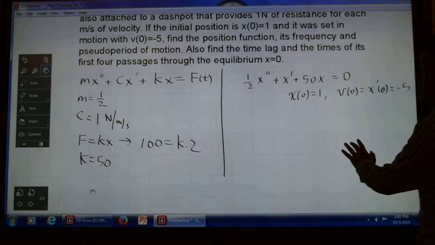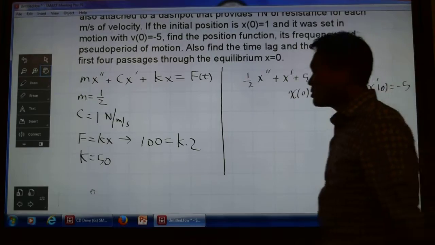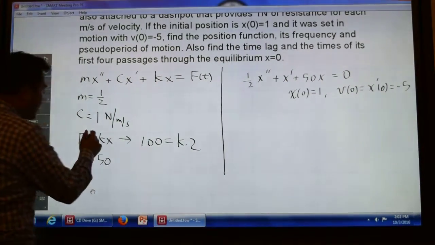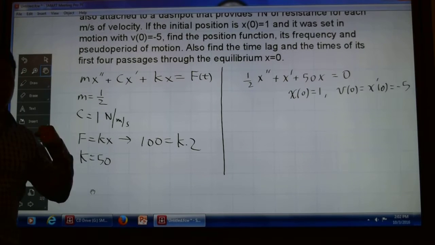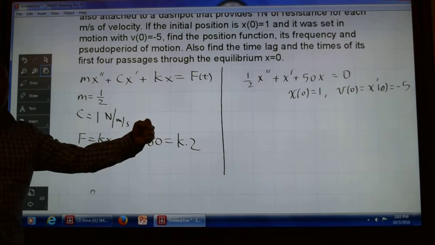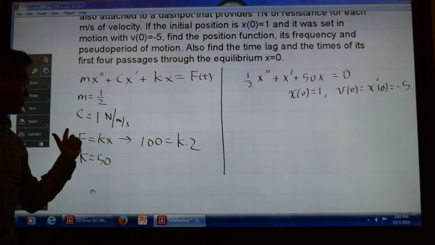Let's try to, yes? Are we doing the negative for k? Yeah, when we need to find the value of k, we can just neglect the signs. I mean, we can use the negative and then also say that when you're pulling it by 100 newtons, the spring force is actually countering that, so it's negative 100.